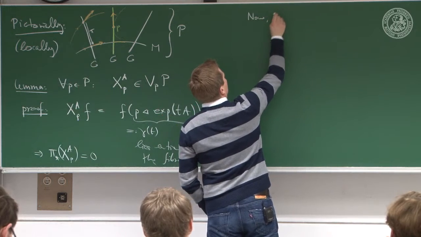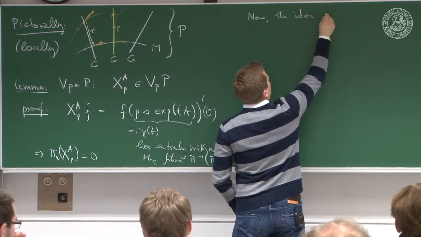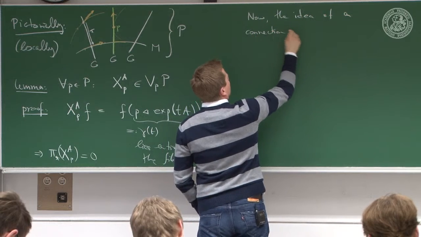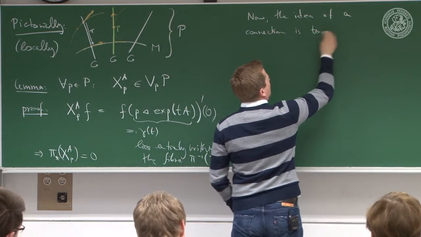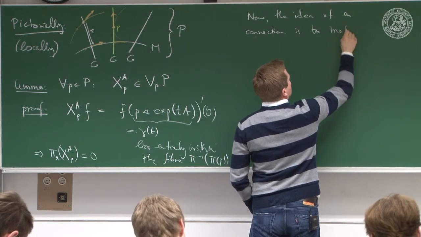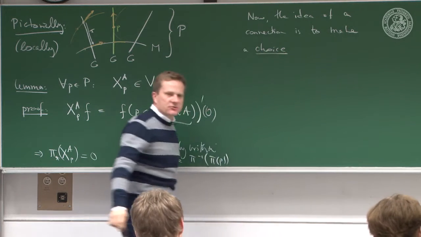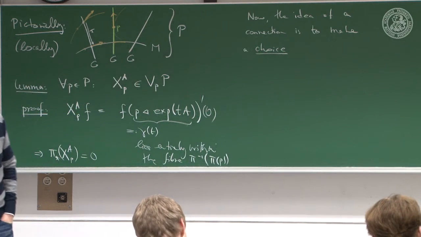Now, the idea of a connection is to make a choice. And you know that whenever you make a choice, you introduce structure, and this structure will be called a connection.